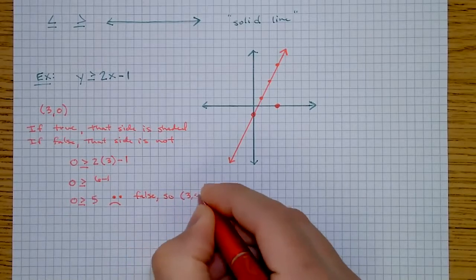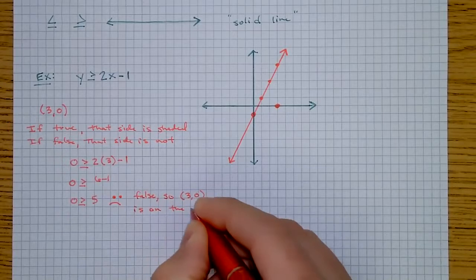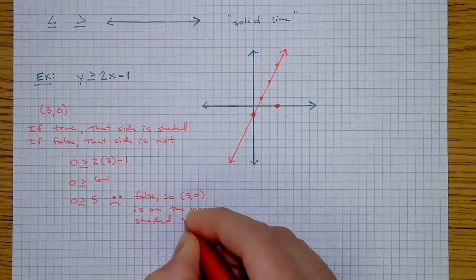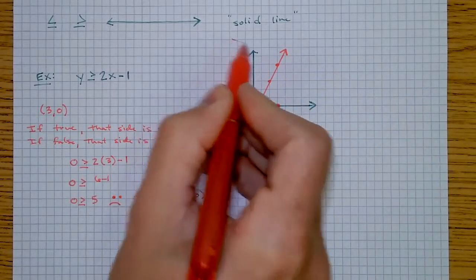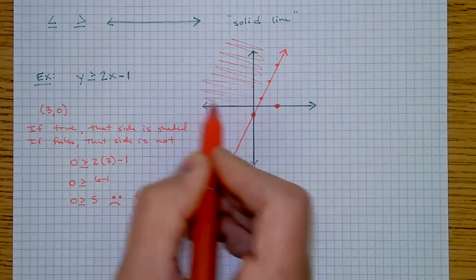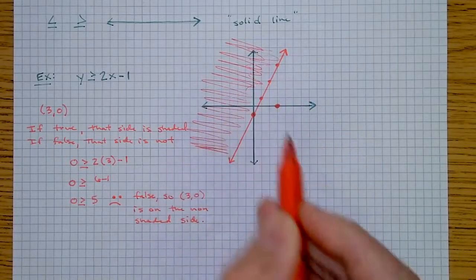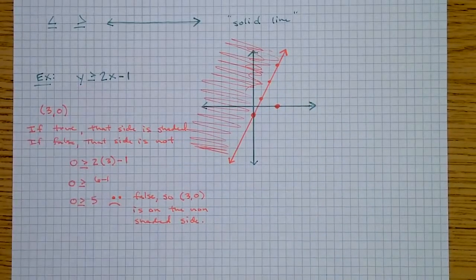False, so 3, 0 is on the non-shaded side. So if that's not shaded, it means this side should be shaded. What that means is all of the points in the shaded region would give you a true statement for that inequality.